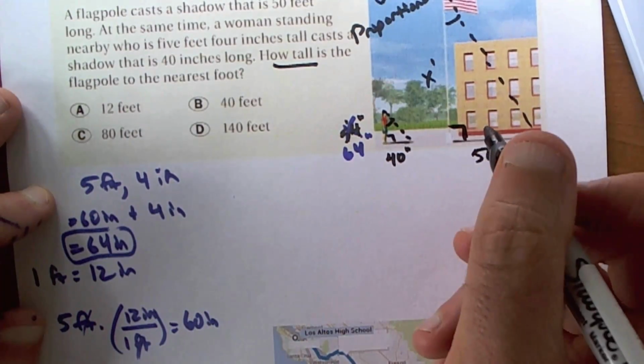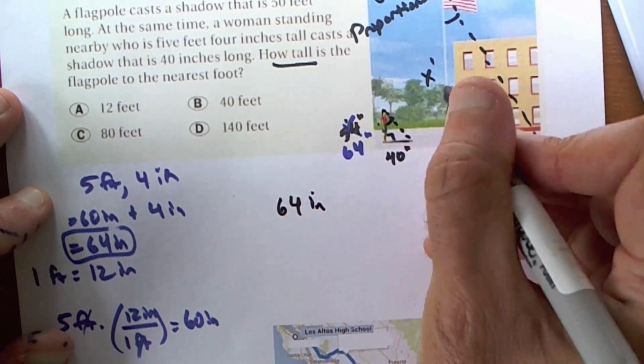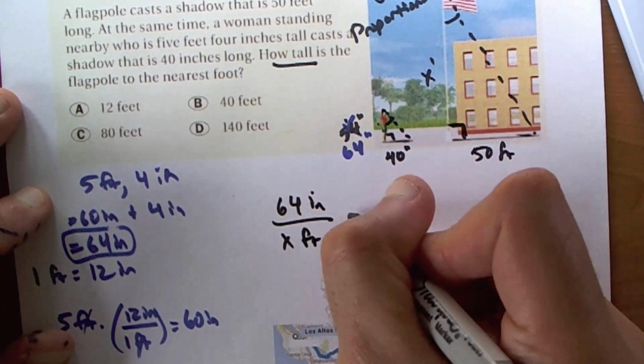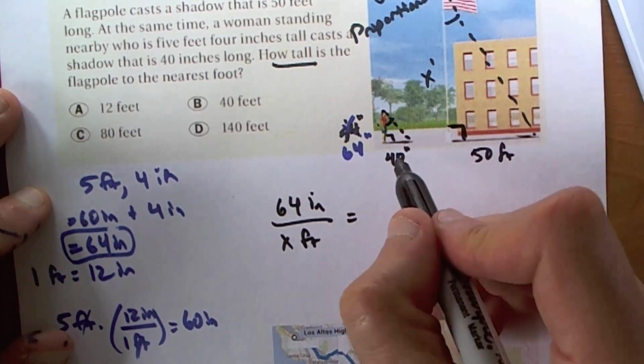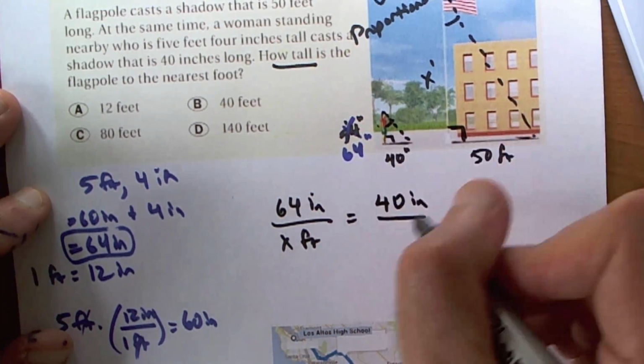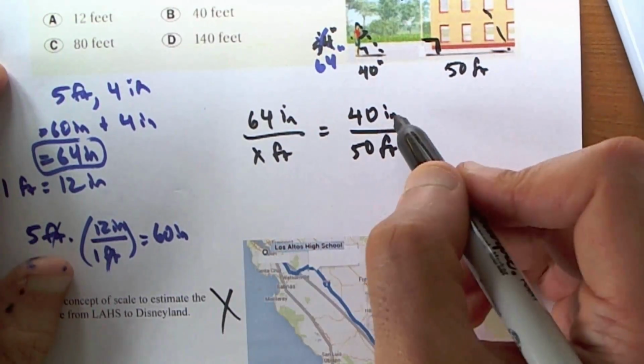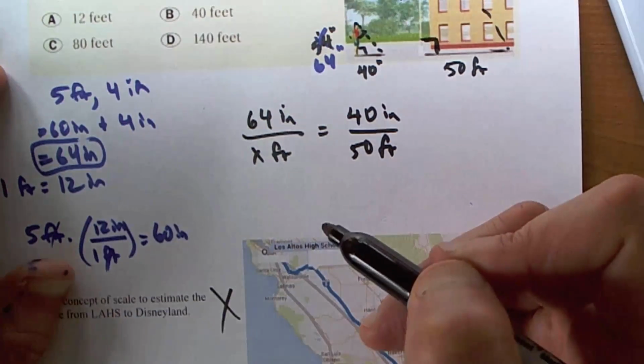It doesn't matter. I'll say 64 inches is to x feet, at the same rate as 40 inches is to 50 feet. Okay, so when I find my answer, it'll just be in feet.